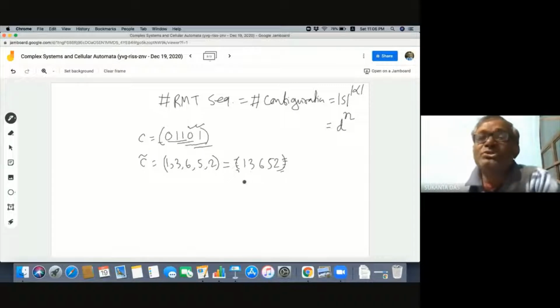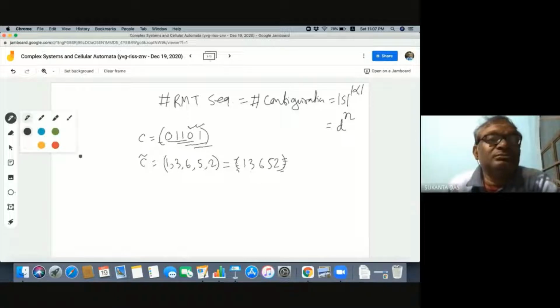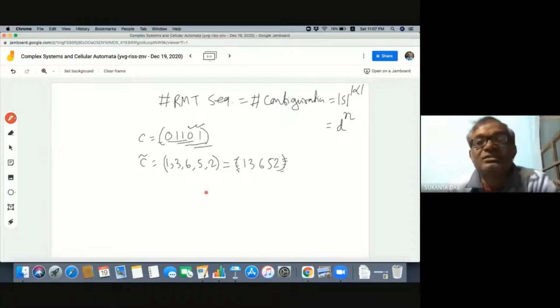Now suppose I want to form another sequence, for example 1, 2, 6, 5, 2. Same thing, 3 is replaced by 2. Again a sequence of some RMTs.